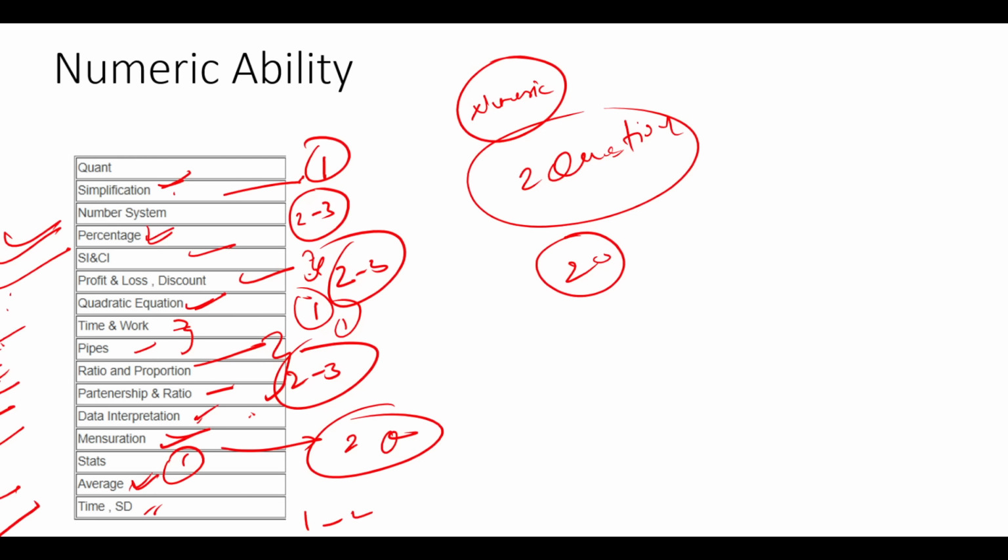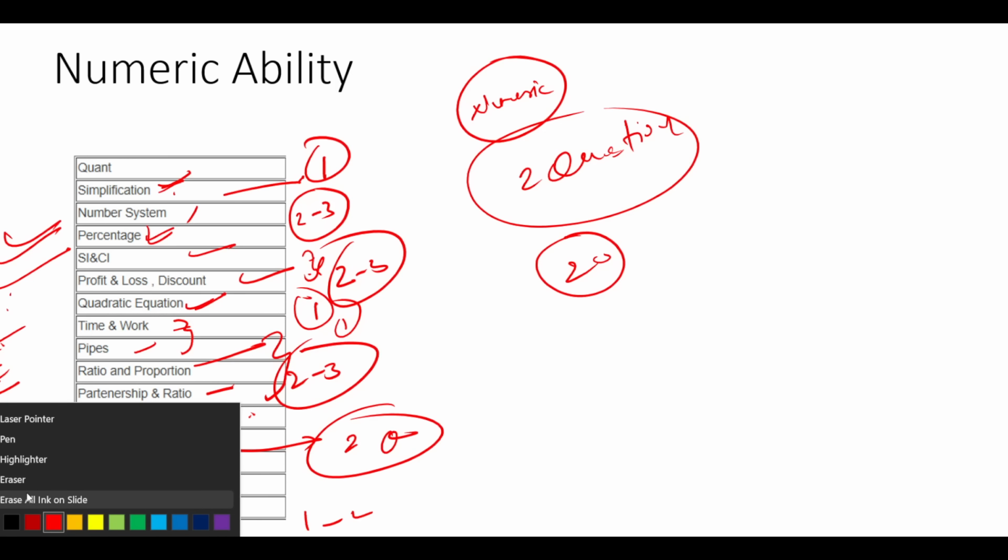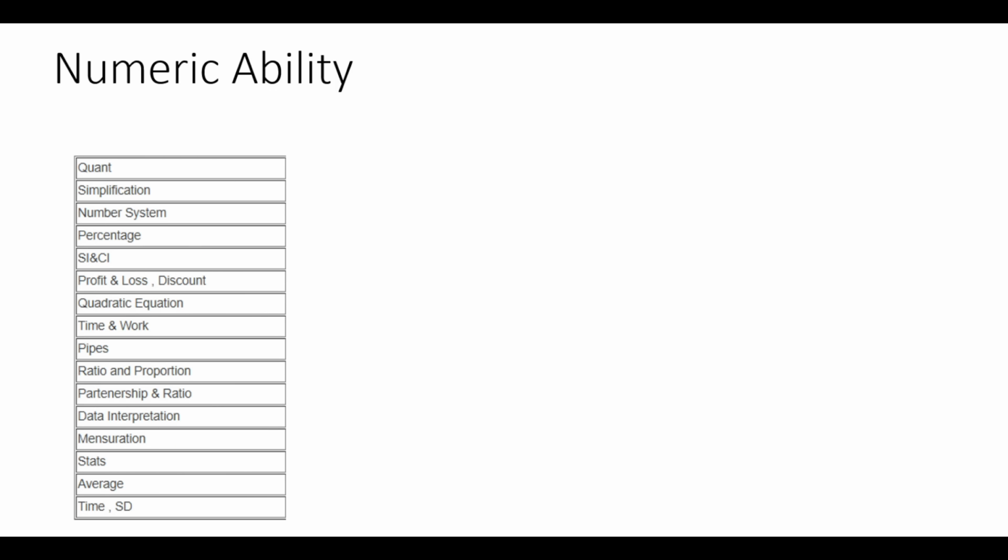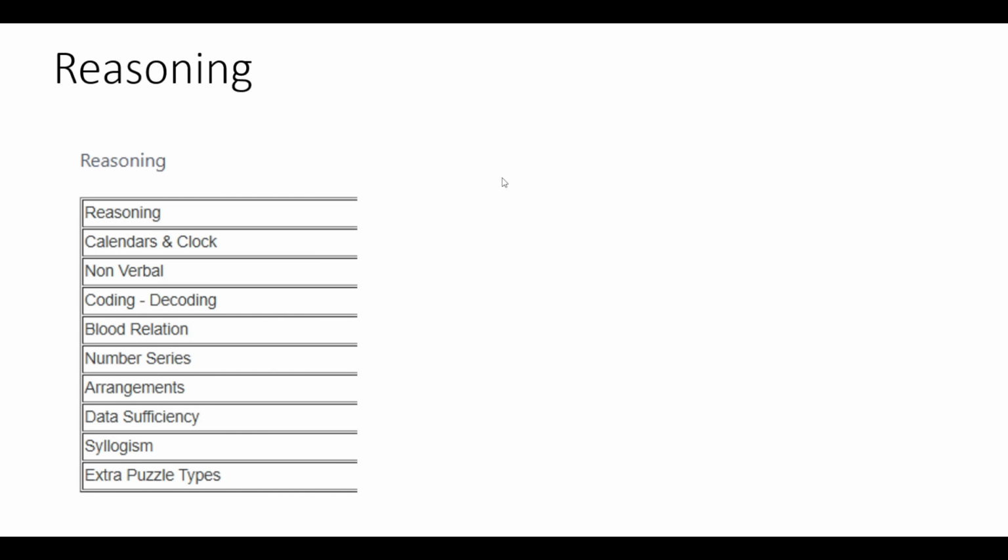Most of the questions were from there. Then one single question from simplification, number system, and stats. Mensuration was unexpected this year, they asked two questions, so at least revise all the formulas from mensuration. This was this year's scenario.